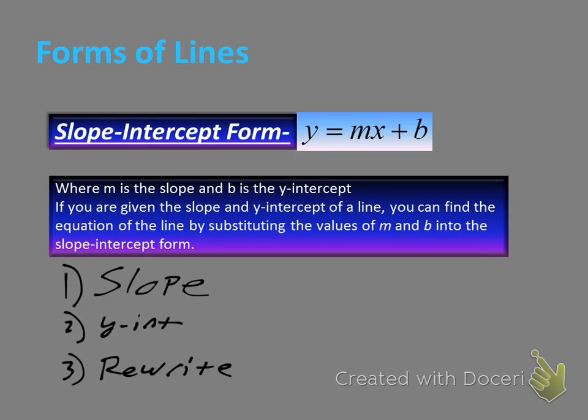Every single answer you give today, every single answer you give on Tuesday, on the quiz, on your lesson check, your homework, for these types of questions should start with these words: y equals. You have to rewrite it so that you have it in the equation of a line form.